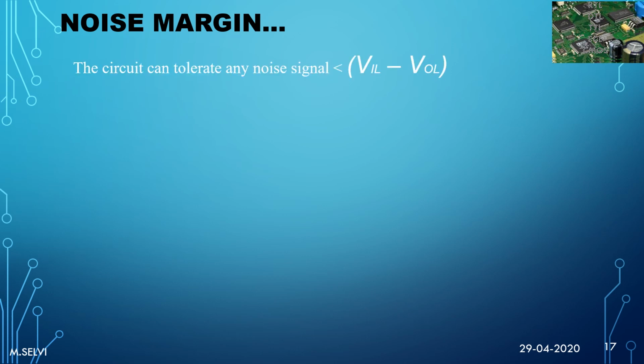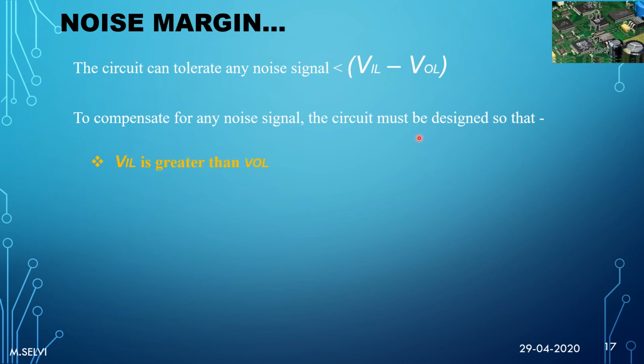Noise margin is the tolerance limit we have just seen. The circuit can tolerate any noise voltage which is the difference between the low level input and the low level output. To compensate for any noise signal, the circuit must be designed in such a way that VIL, the low level input, is greater than the low level output, and the high level input is less than the high level output.